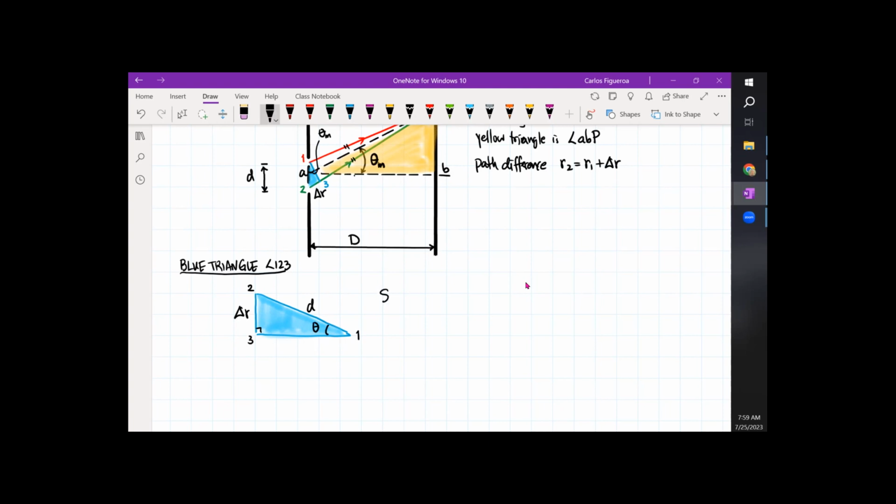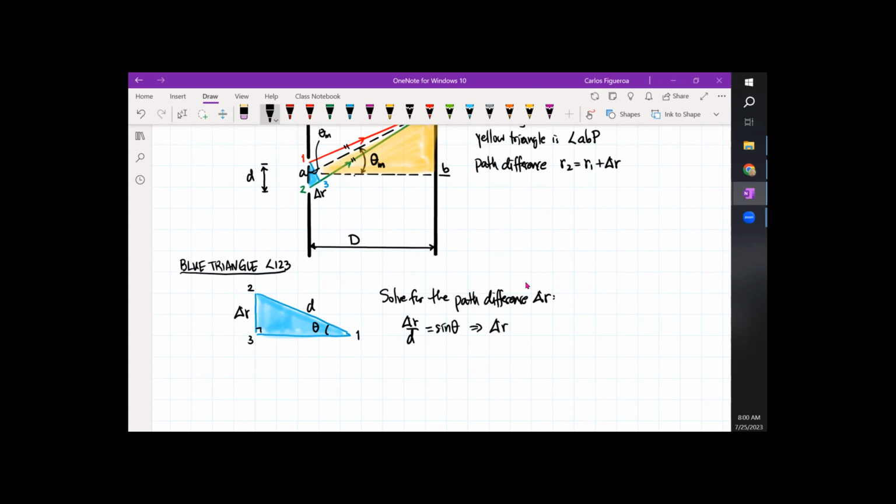So now if I solve for the path difference, delta R, then I see that delta R over little d, because it's the opposite side, is then going to give me sine of theta.